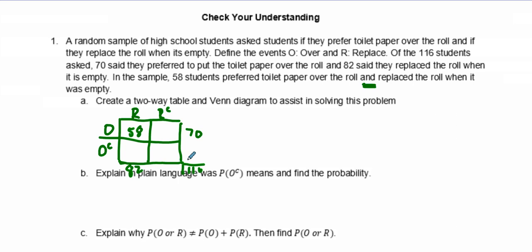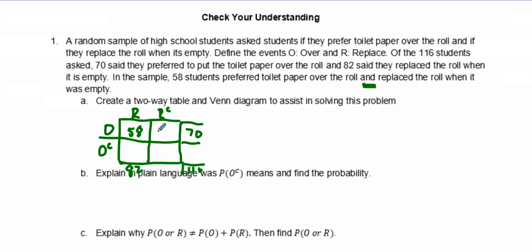Now, when you're filling out a table, make sure you do this correctly, and don't make assumptions. Right here, 70 is the margin. We know that over the roll and replace was 58, and over the roll in total is 70.